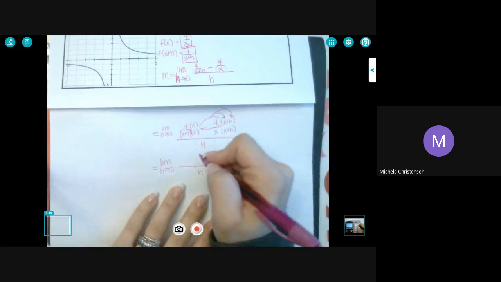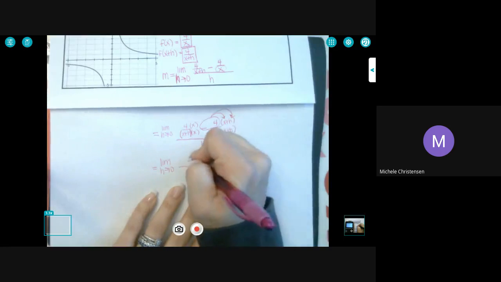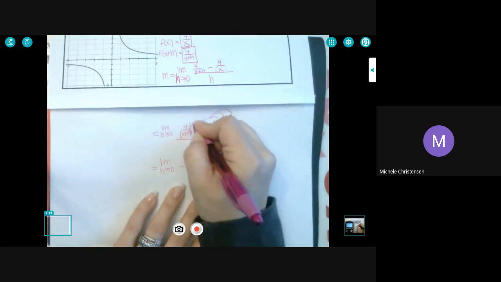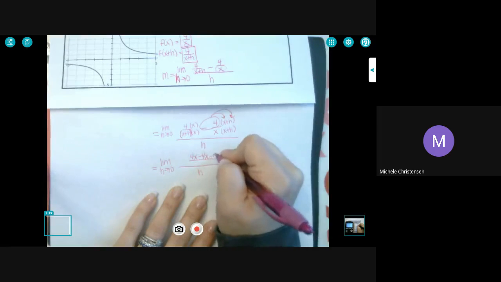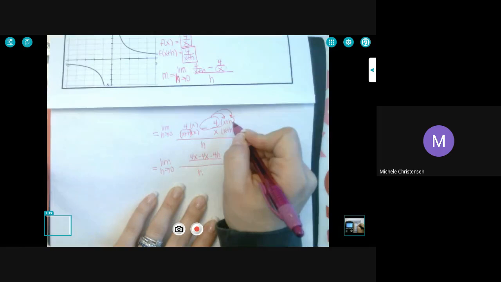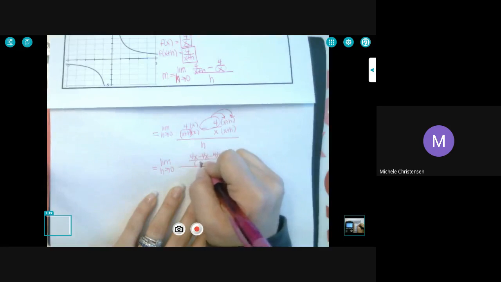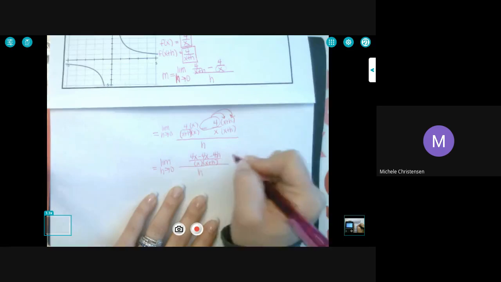Okay, so this is going to be 4x when I multiply here minus 4x minus 4h when I distribute to x plus h. Okay, and your common denominator is x times x plus h. I'm not going to distribute that on the bottom just yet because maybe something will cancel.